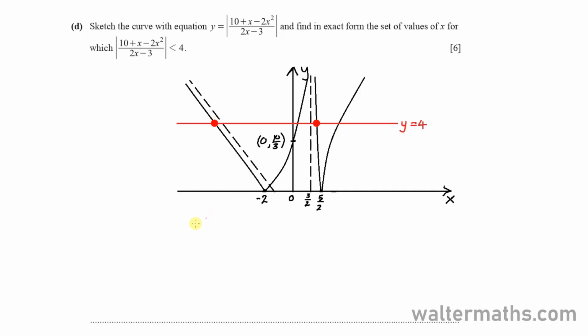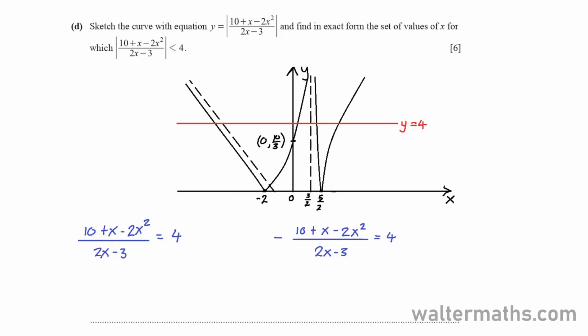So for these two intersections with the graph, we are saying 10 plus x minus 2x squared over 2x minus 3 is equal to 4. And for these two other parts, we are saying minus of 10 plus x minus 2x squared over 2x minus 3 is equal to 4. This is where the reflected parts of the graph intercept with the line y is equal to 4.